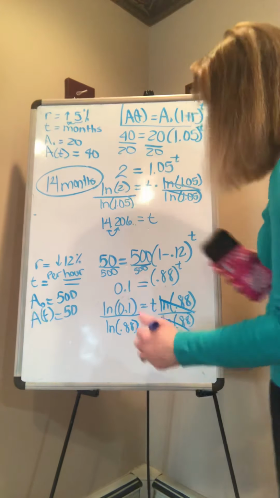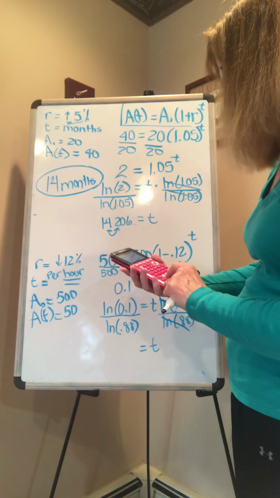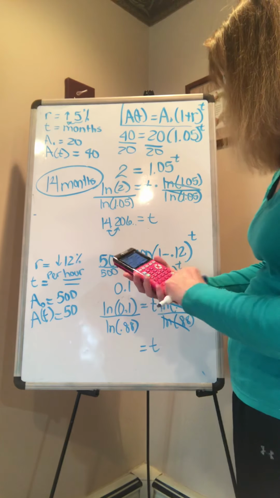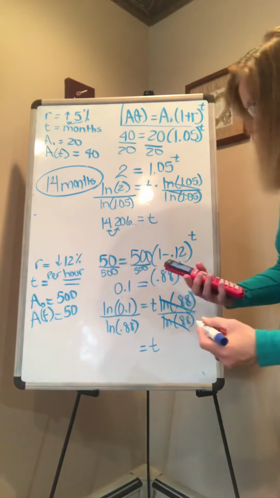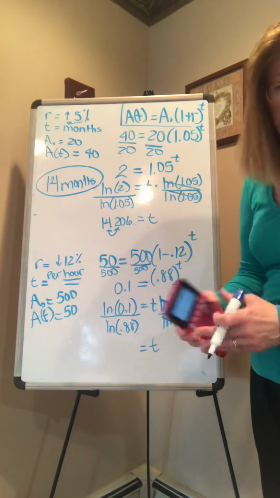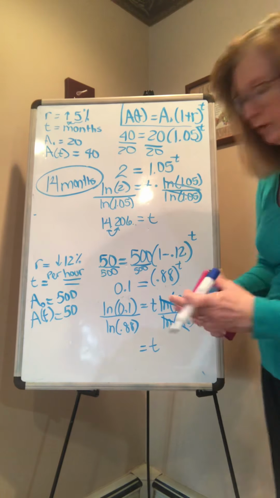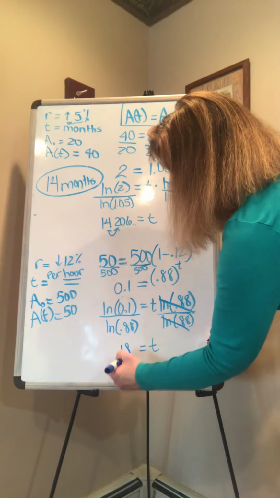So this would be the natural log of 0.1 divided by the natural log of 0.88. And this gives me 18.02, and they wanted me to round, so this would be 18 hours.